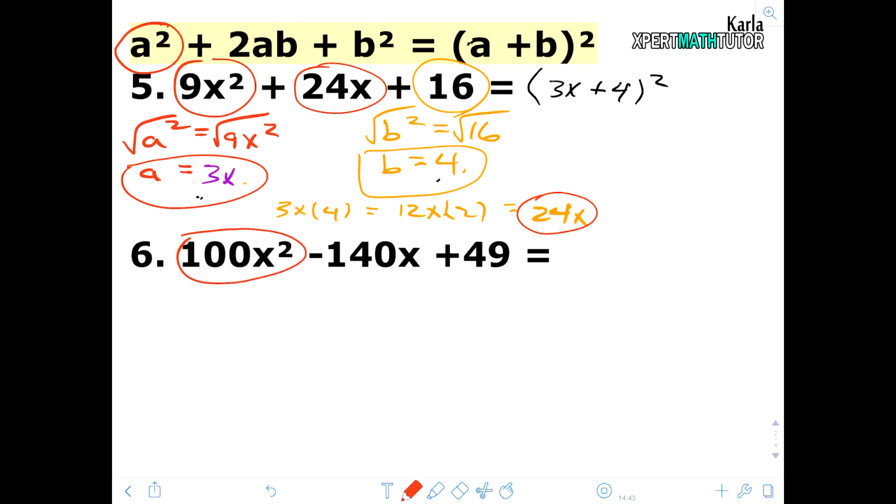So a squared will equal 100x squared. If I take the square root of both sides, the square root of a squared is a, the square root of 100 is 10, and the square root of x squared is x.